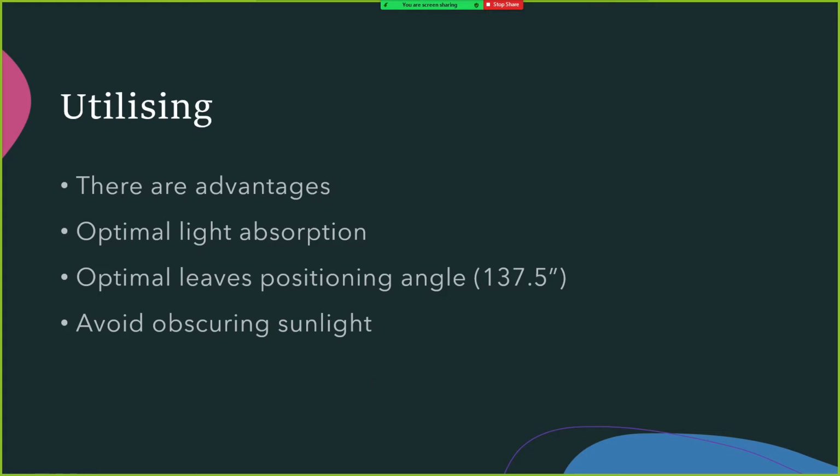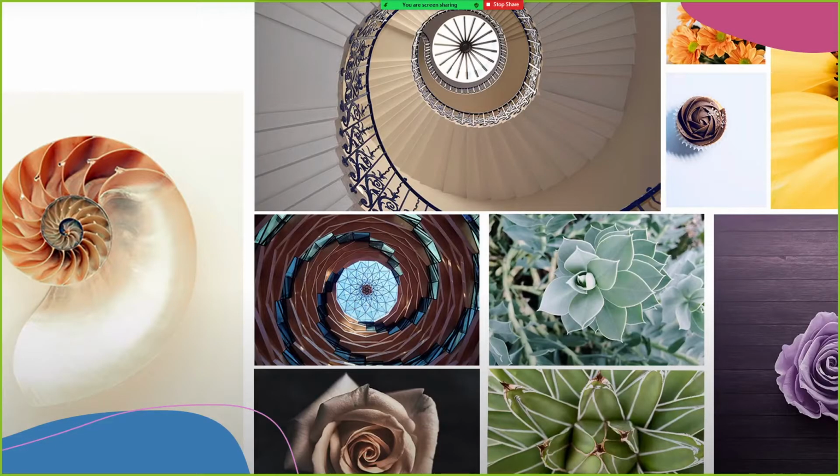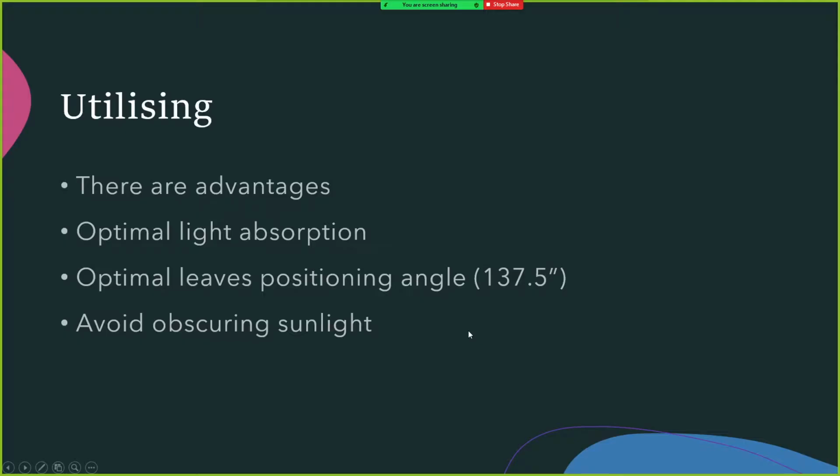Why do we see it more and more, especially in plants? There are advantages for that. When the plants grow based on the golden ratio and golden angle, they can utilize the positioning of their leaves in a way that all the leaves receive proper sunlight.